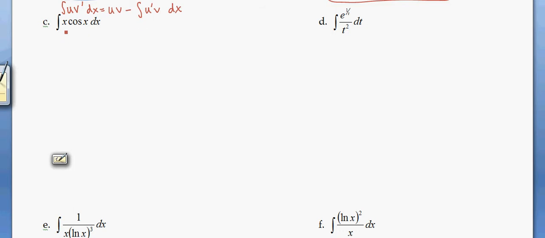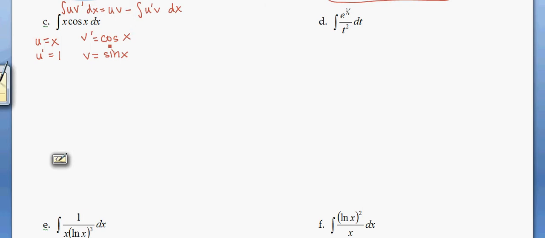So after a little bit of thought, it makes sense to choose u to be x, because when I take its derivative, I get something simpler, versus if I take its antiderivative, I get something more complicated. And if v prime is cosine, then the antiderivative is going to be sine. Whether I take the derivative or the antiderivative of cosine, it doesn't really get more complicated or simpler.